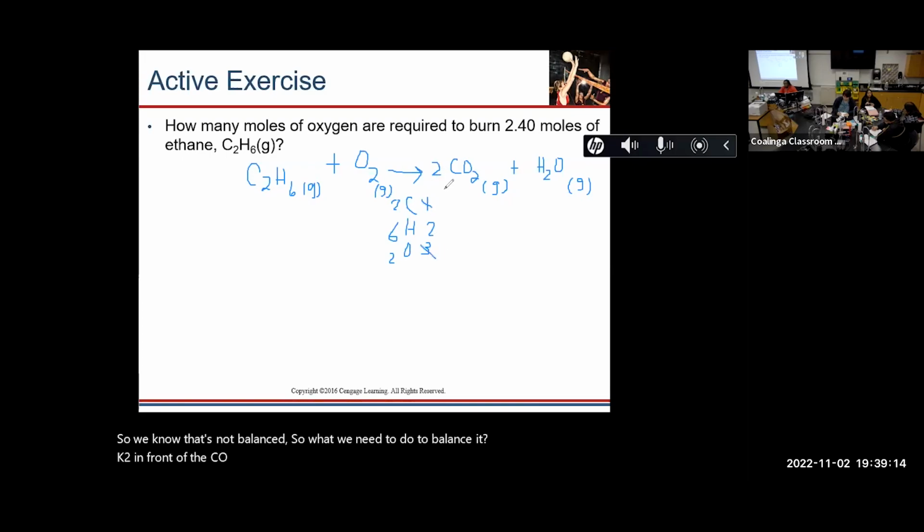So then that means now we have 5 oxygens. Three in front of H2O. Okay, so we get 6. But then that'll change the number of oxygen again?